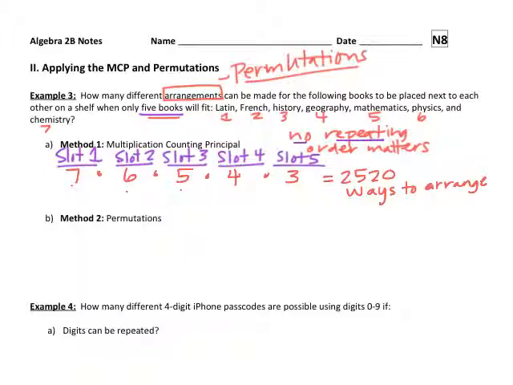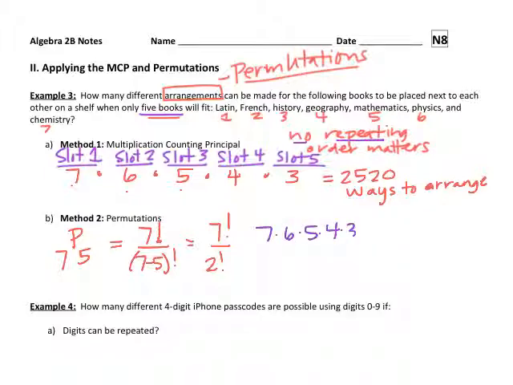And if we do this with permutations, we would write it like this: 7 books, and we're choosing 5 of them. And if we write it out in formula form, we'd be writing 7 minus 5 factorial on the denominator, and that would end up being 7 factorial over 2 factorial. And if I write this out over just 2 times 1, we could cancel those.